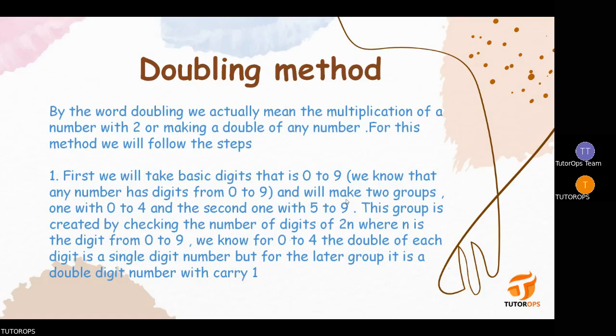So for 0 to 4, the double of each digit, that is 0 into 2, 0, 1 into 2, 2, 2 into 2, 4, 3 into 2, 6, 4 into 2, 8. From 0 to 4, the double of each digit is a single digit number. But for the latter group, it is a double digit number as 5 into 2 is 10, 6 into 2 is 12, 7 into 2 is 14, 8 into 2 will be 16, 9 into 2 will be 18. So there will be a two digit number and always there will be a carry 1.